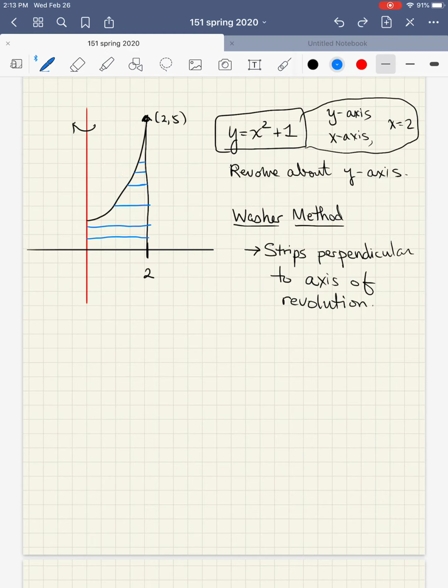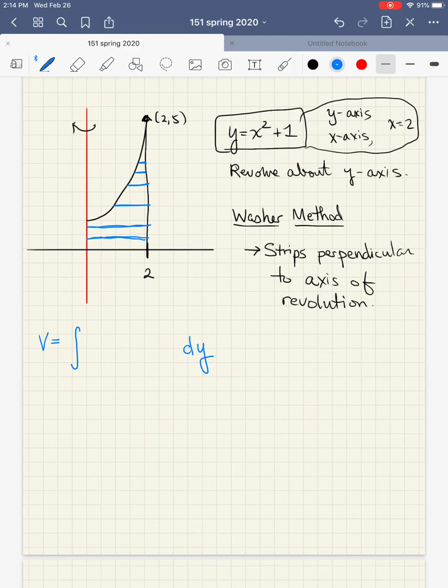First of all, let's just set up our problem. We're going to have a volume, which is going to be the integral from where to where of something, and is it going to be dx or dy? Since our slices are going up, with one slice for each y value, we're going to be integrating dy.